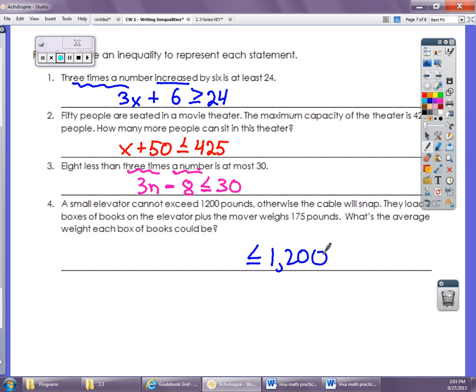What's going in the elevator? We have some boxes of books. We don't know how many boxes, but each box is 20 pounds. And then the mover is also going in the elevator, and he's 175 pounds. So that's how we get our inequality here. Hopefully this all makes sense on writing inequalities.